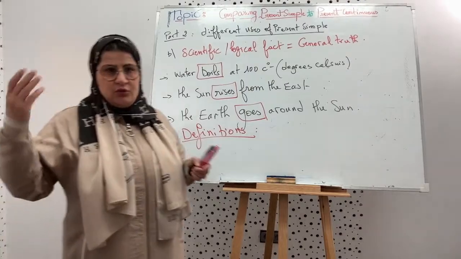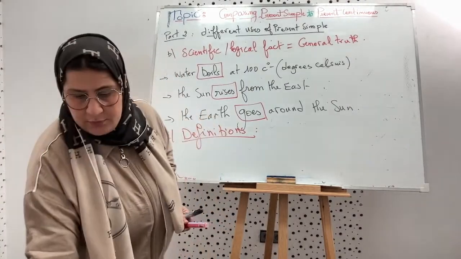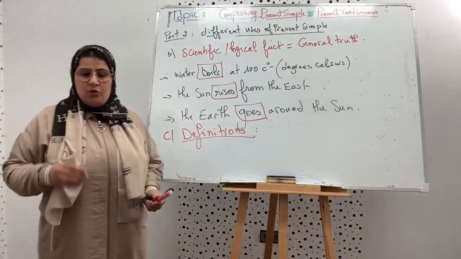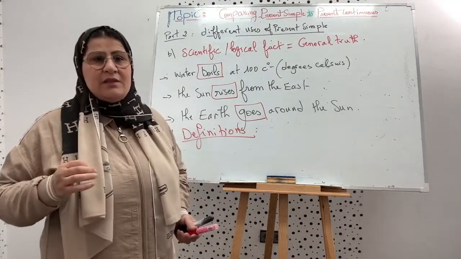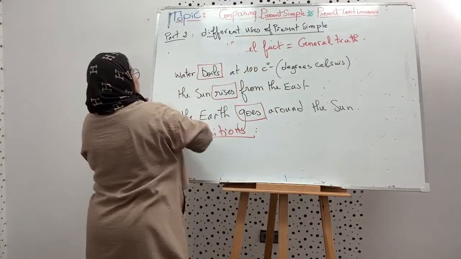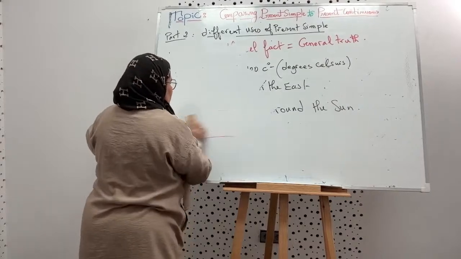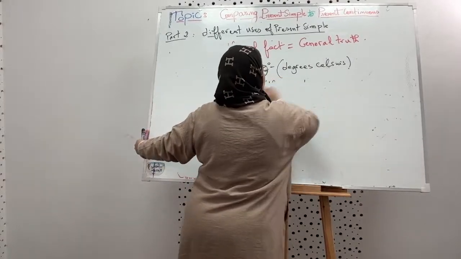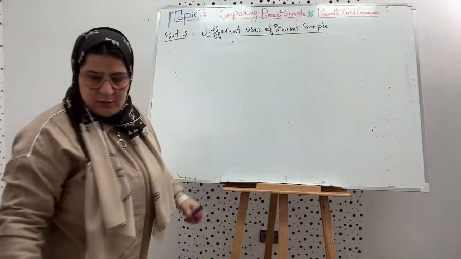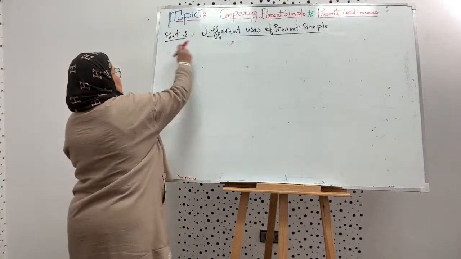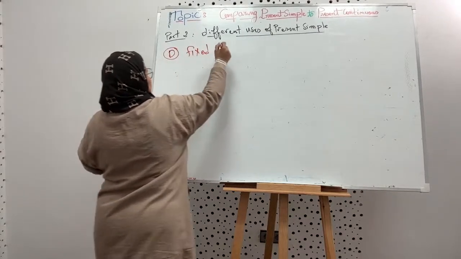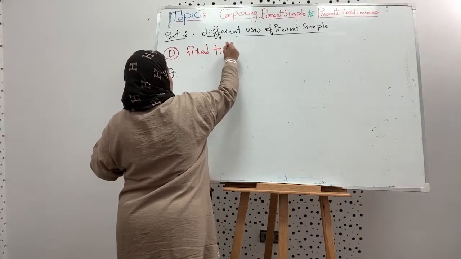Now, another use of the present simple tense is when we want to express fixed arrangements or fixed timetables and schedules. So D, fixed timetables and schedules.